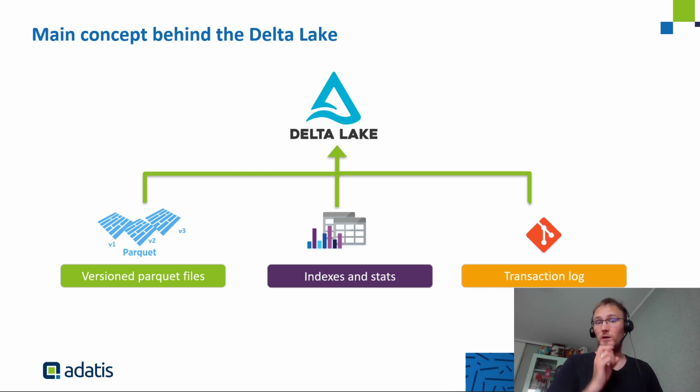So when we make any change to our existing table, like inserting new records, deleting, updating, merging, a new version of the Parquet file is written out to the Data Lake. And information about this new file and about the update, who committed, what was committed, when, and the basic statistics, are gathered and put into the transaction log.